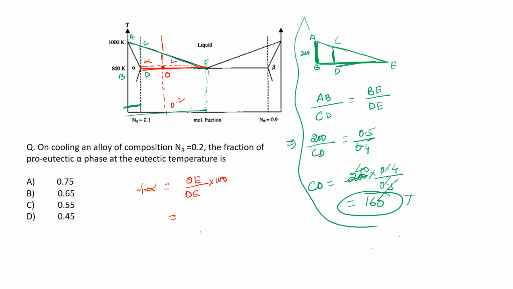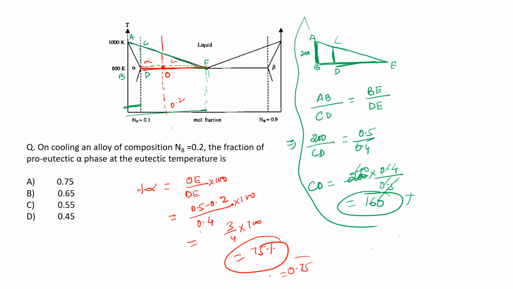So O is how much? 0.5 minus 0.2. DE is 0.4 into 100. So it will be 3 by 4 into 100. So it will be basically 75%, or in the fraction it will be 0.75, right? So option A will be the correct one.